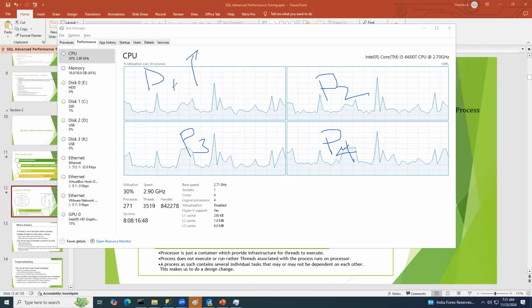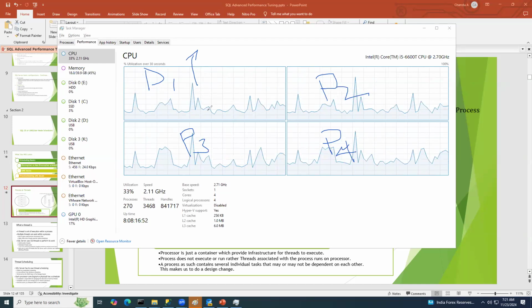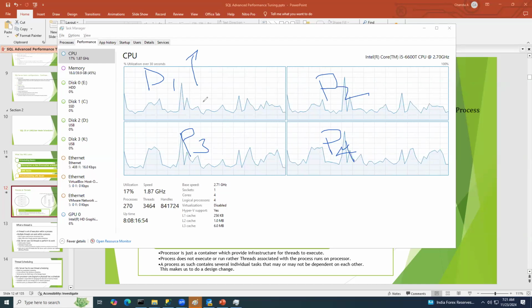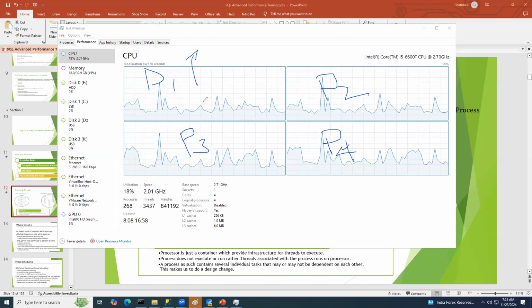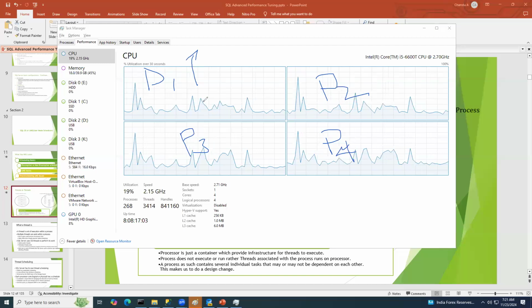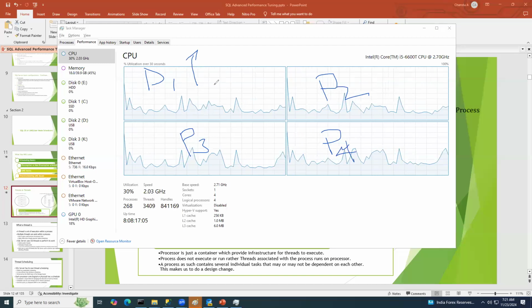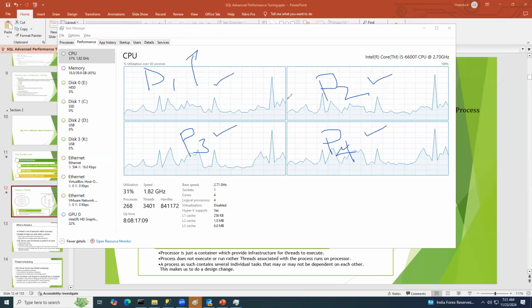So this is considered a container for your executions. I will talk about the threads later; that is the reason I'm not using the word thread now, but you can consider this a processor. This is one processor, this is one processor.